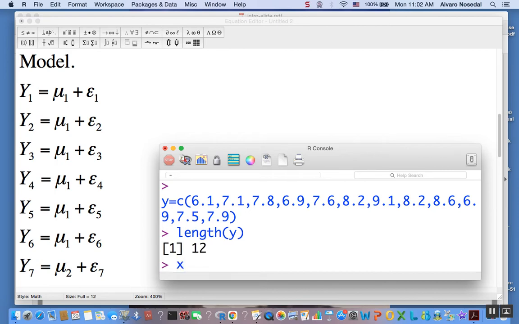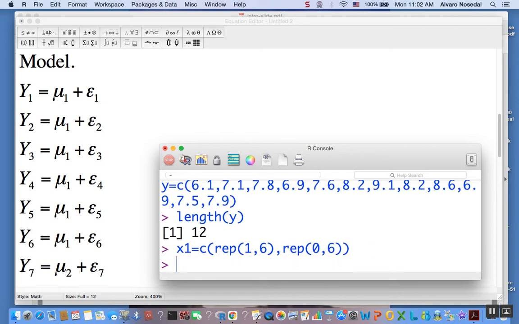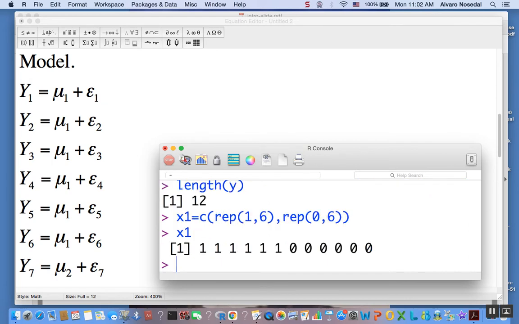Let me call x1 the first column of that design matrix X. I'm going to repeat a 1 six times and combine that with repeating 0 six times. That's going to be the first column of our design matrix. There we are.